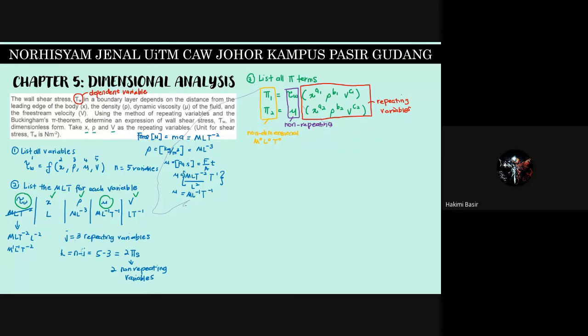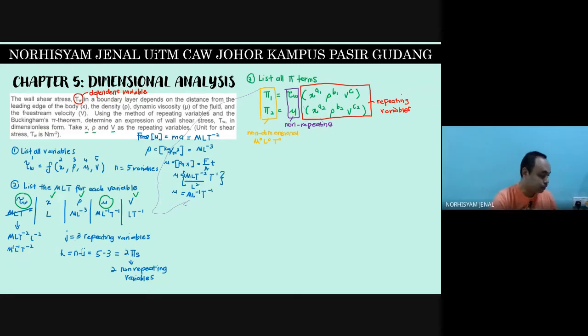So, kalau kita dapat non-repeating tu tiga dari tiga lah saya. For example, if you have 6 variables instead of 5, the repeating is 3. So 6 minus 3, so we have 3 pi, for example. There is a time where the question for final exam, we have 7 variables, so 3 repeating variables.